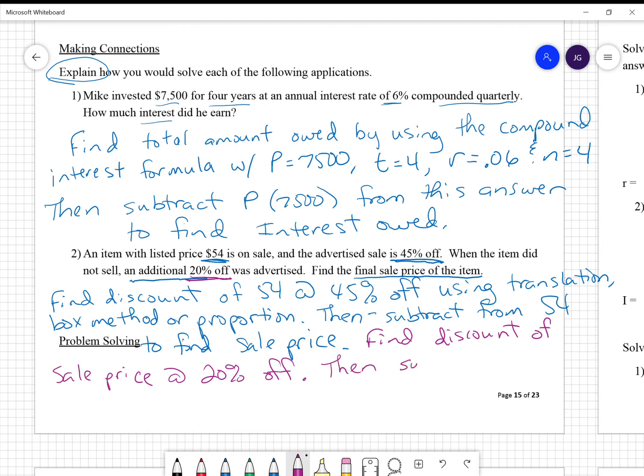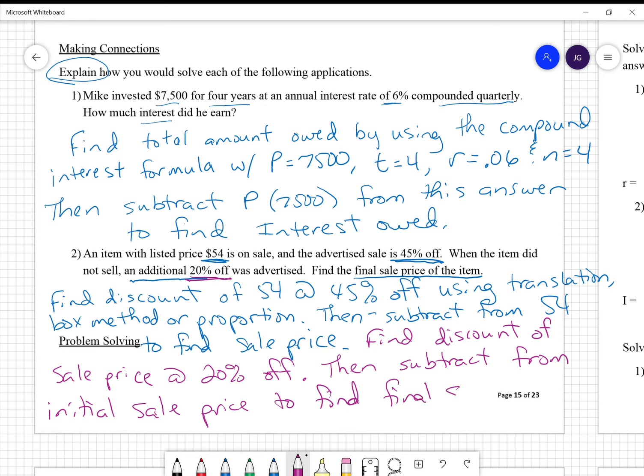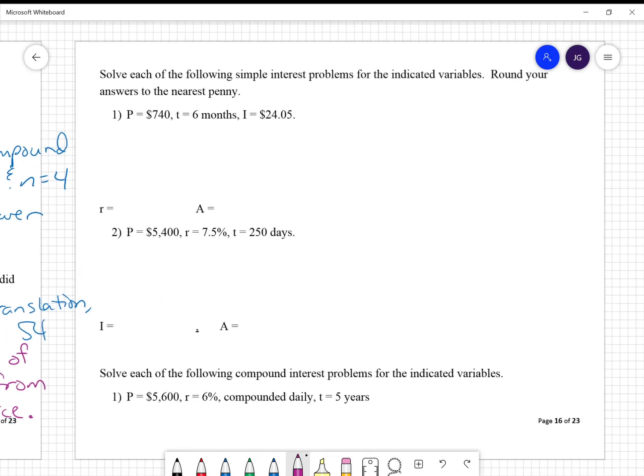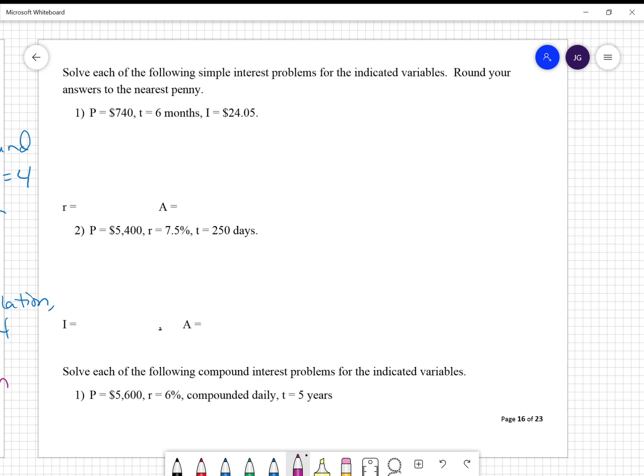Then subtract from initial sale price to find final sale price. Okay, the rest of this is doing just problem solving. We'll see if we can fit them all in one recording.